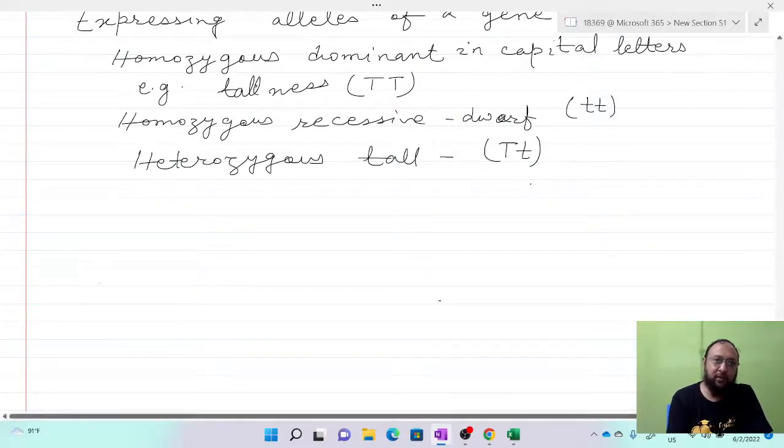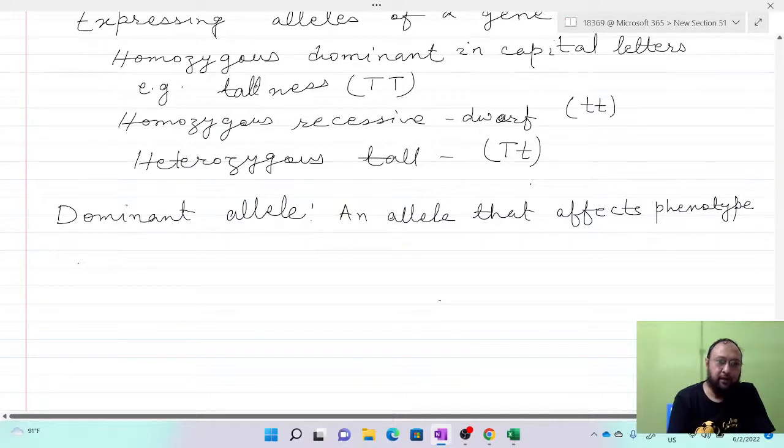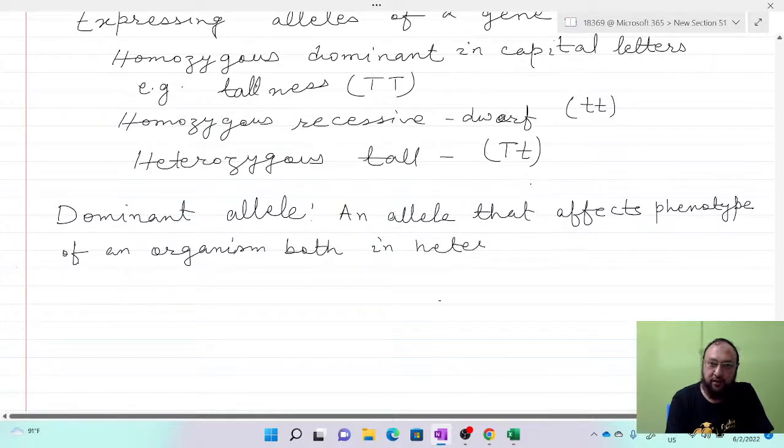Now in case of the dominant allele: an allele that affects the phenotype of an organism both in heterozygous and homozygous condition.